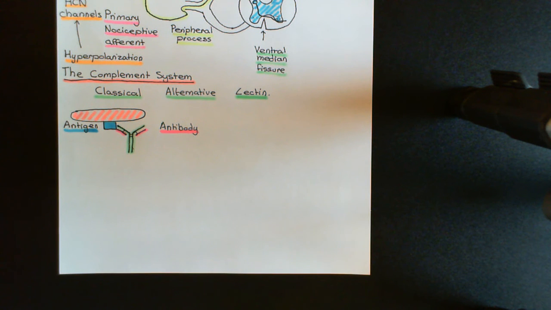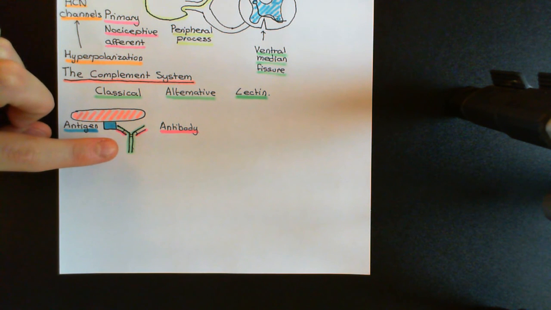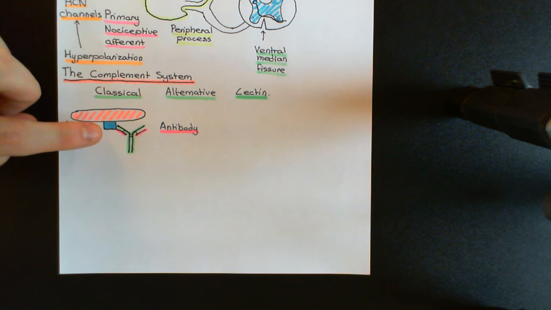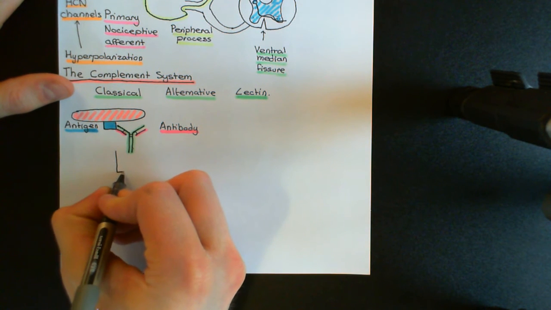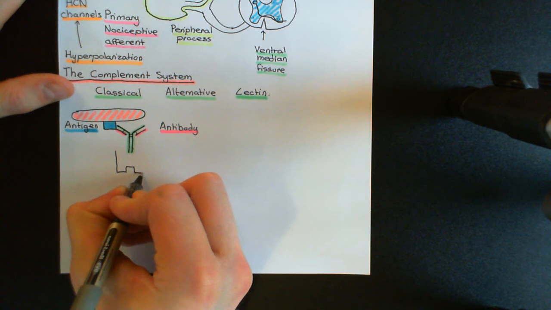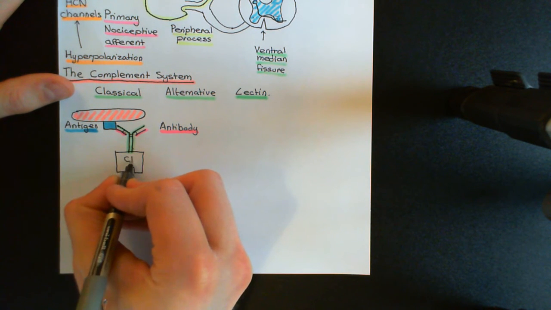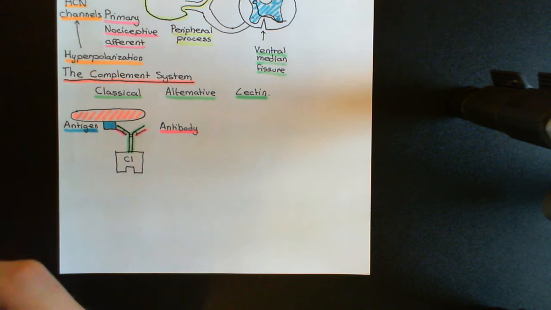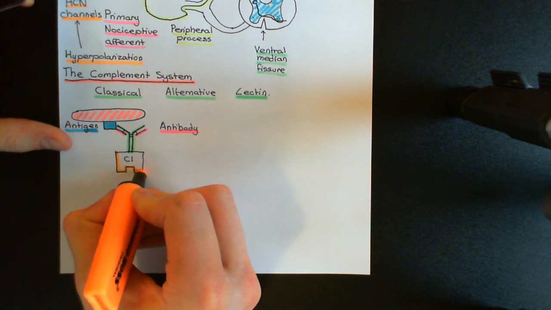So what happens first? The first complement protein that's going to bind to the antibody molecule that's bound to the antigen here on the surface of the pathogen is a complement protein known as C1. And I'll draw this like so. So here is a great big complement protein known as C1, and this is now going to bind to our antigen-antibody complex.